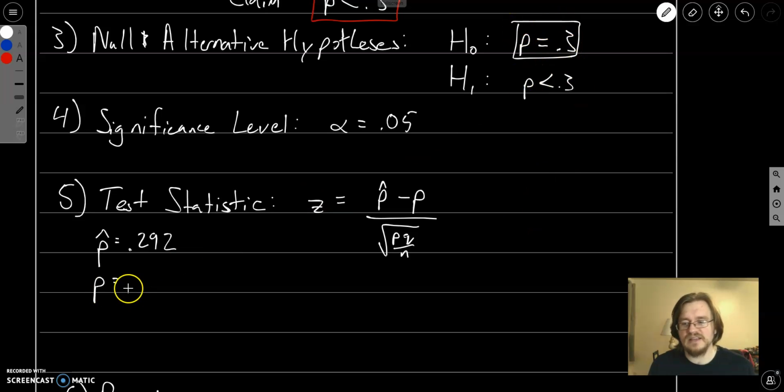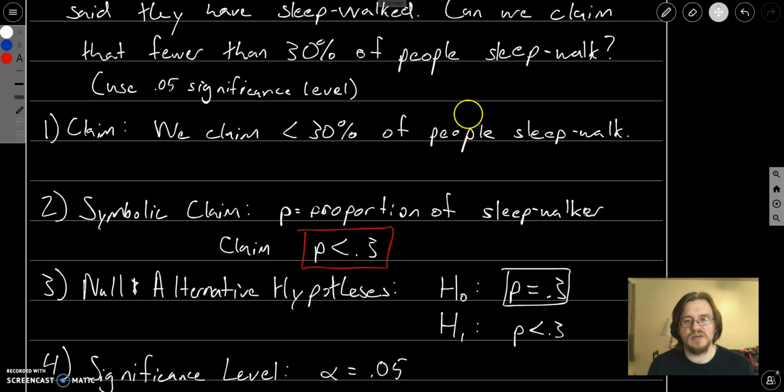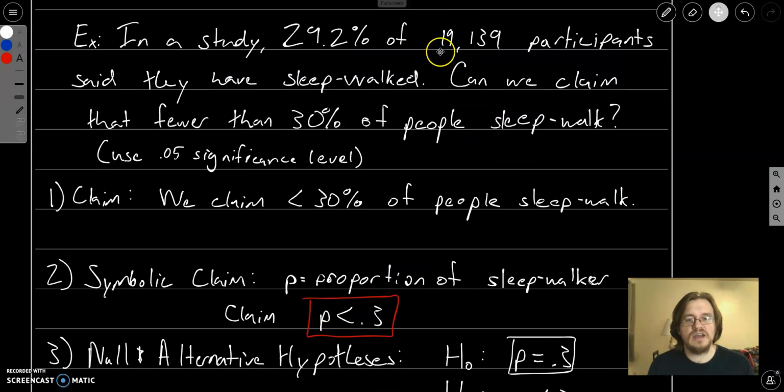So we are testing that p is going to be 0.3. Q, on the other hand, if p is the probability that someone is a sleepwalker, Q is the probability that someone is not a sleepwalker, and this is going to be 0.7. Notice how p and q should add up to 1. Lastly, N is the number of people in our sample, which was a pretty big sample, 19,100, and I think I wrote this down wrong. I think it's meant to be 36.